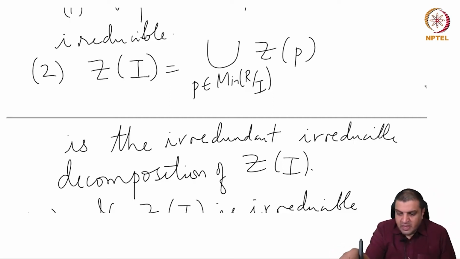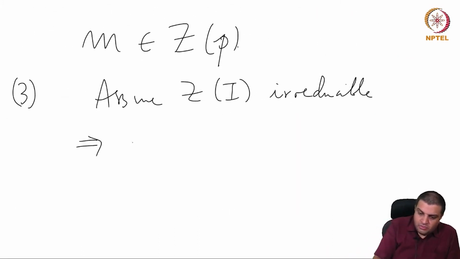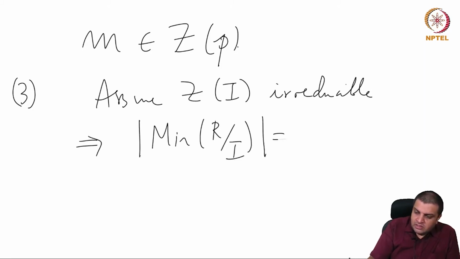We need every prime in min R mod I, and we don't need anything further. So Z of I irreducible means that there will be exactly one element in this union. So irreducible would mean by 2 that the set of minimal primes over R mod I is a singleton.